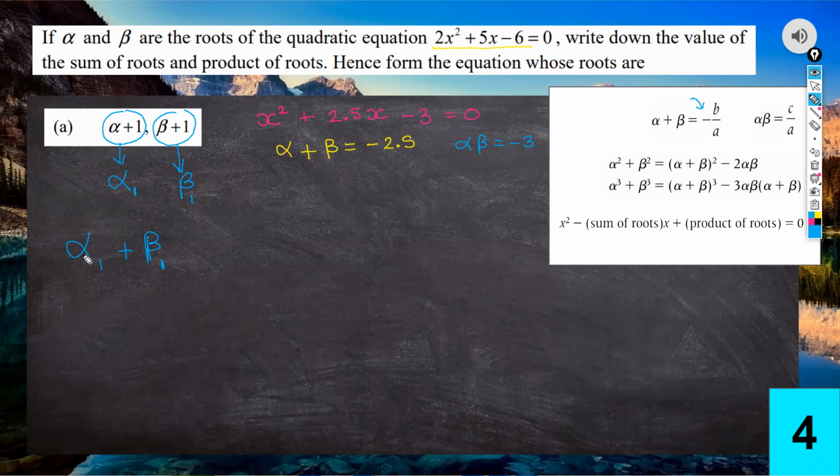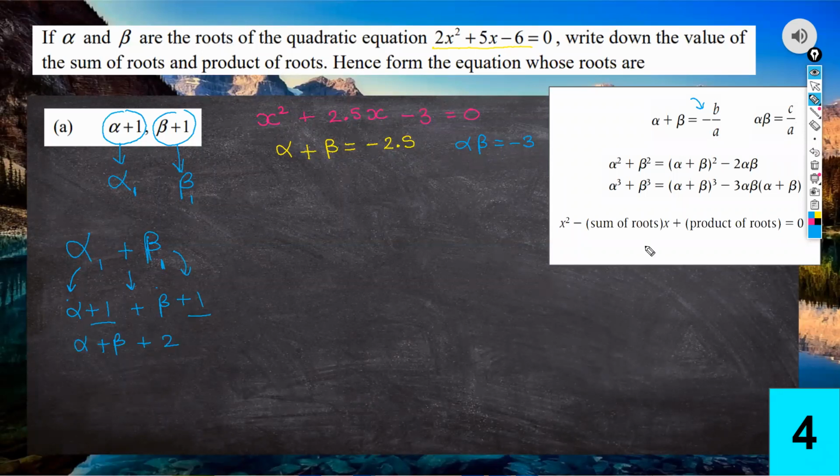But the thing about it, alpha 1 is really what? Alpha plus 1. Plus, that is this plus sign here. And beta 1 is beta plus 1. If you simplify that, you will get what? Alpha plus beta. If you add alpha and beta, we can't really do anything there. And then 1 plus 1 is what? 2.